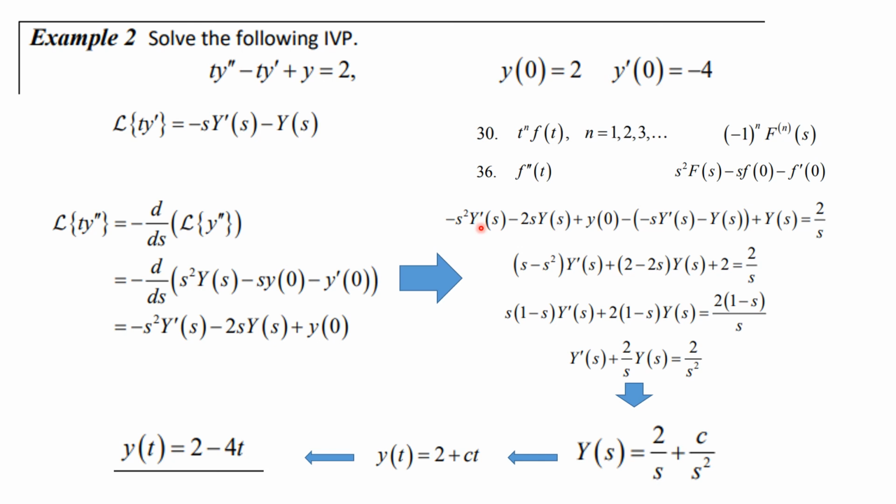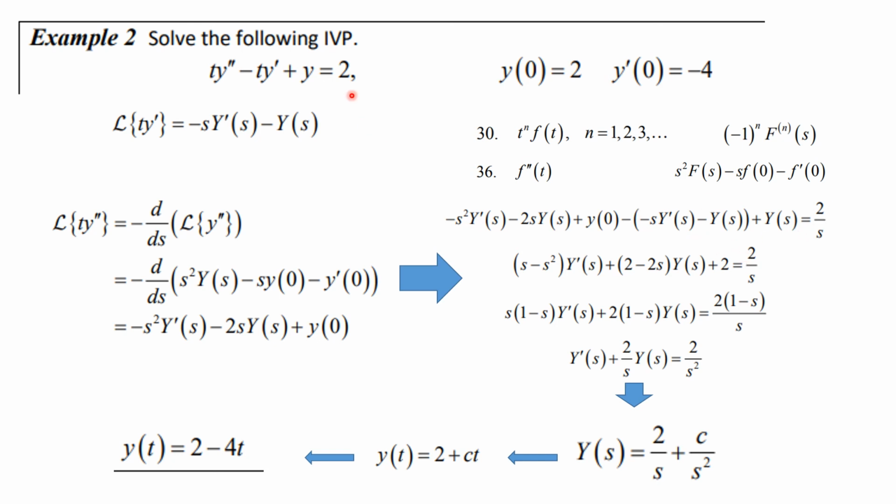So that means we can write this in this way. This is what we just did with L of t y double prime minus, this is what we did with L of t y prime.